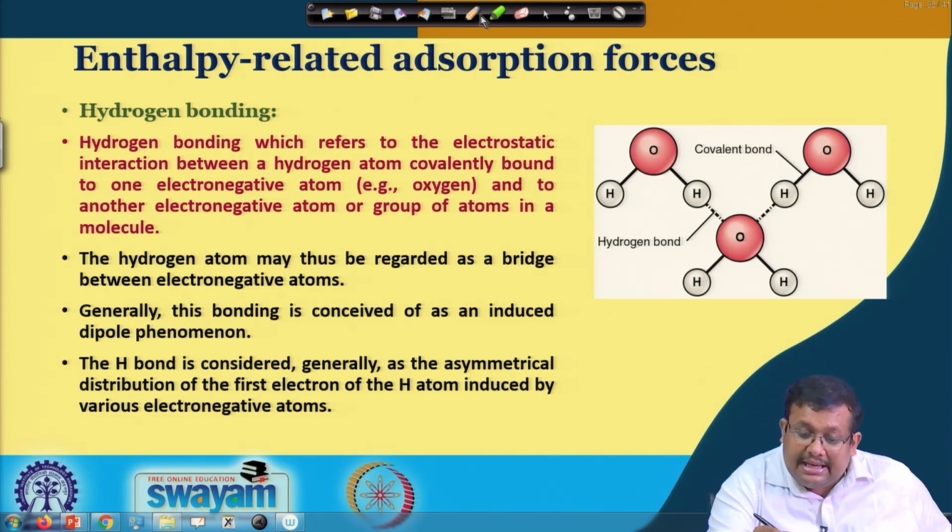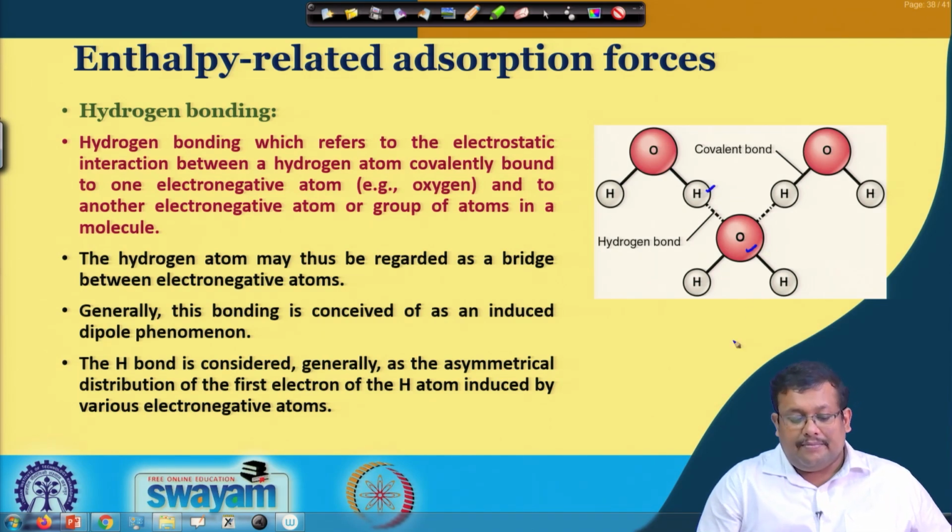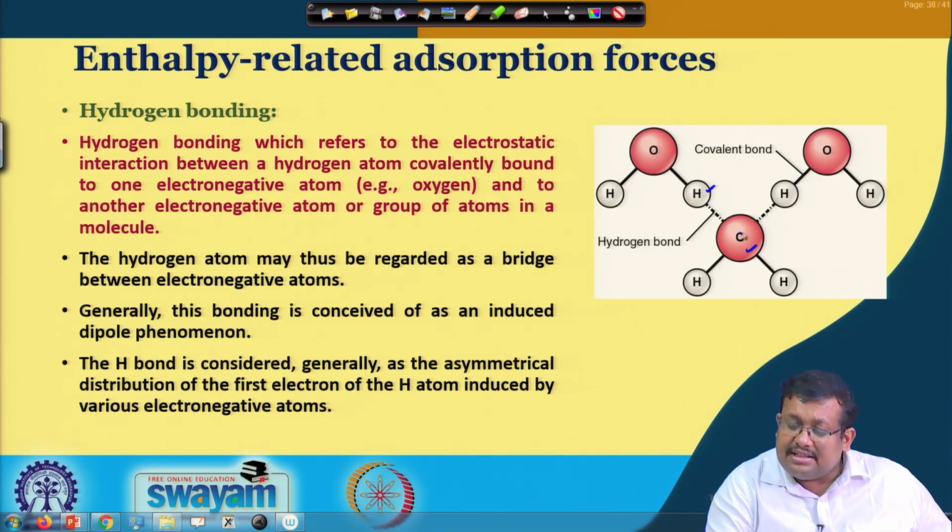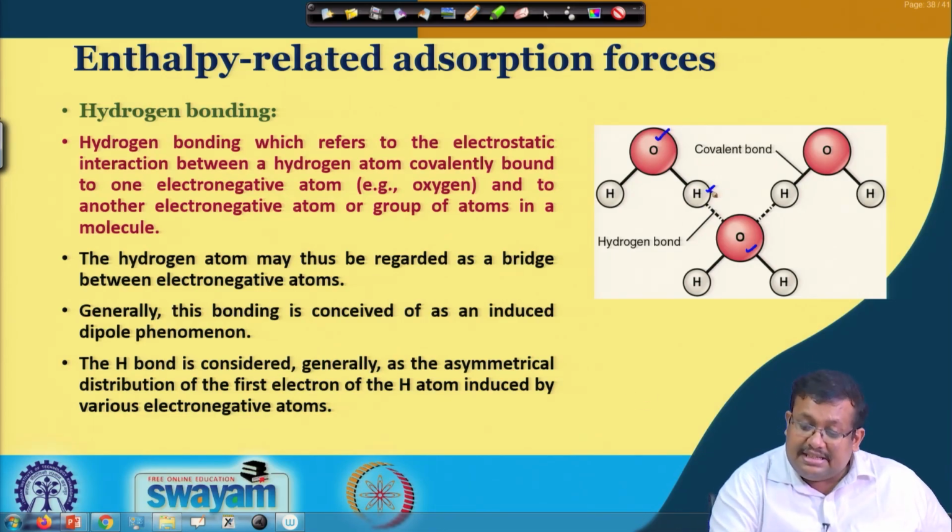Here you can see the hydrogen bonding occurring between this hydrogen atom and this electronegative oxygen atom. This hydrogen atom may thus be regarded as a bridge between electronegative atoms. You can see this is an electronegative oxygen atom, and this is another electronegative oxygen atom.